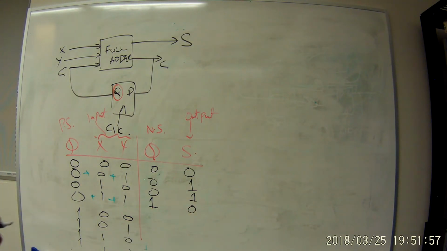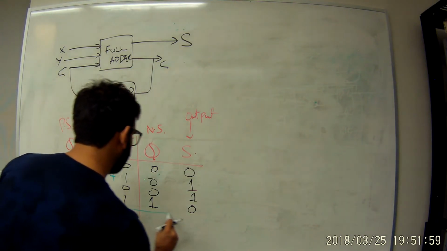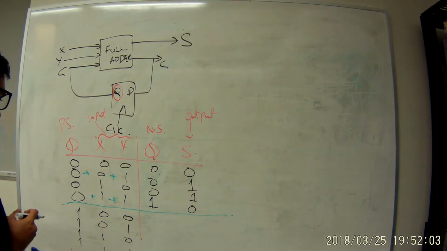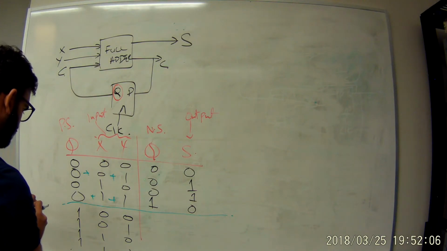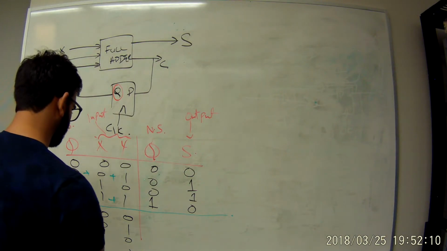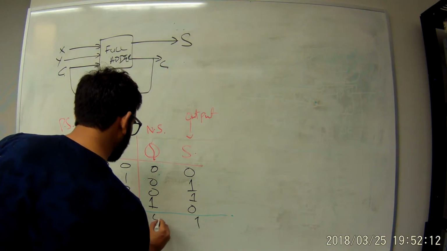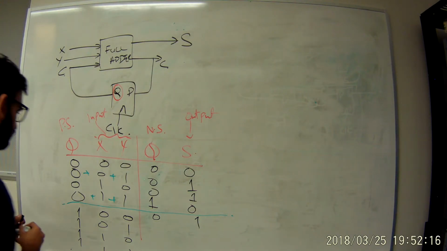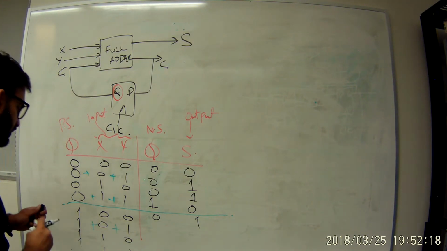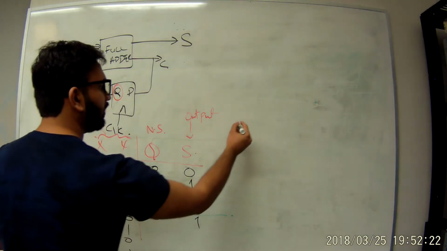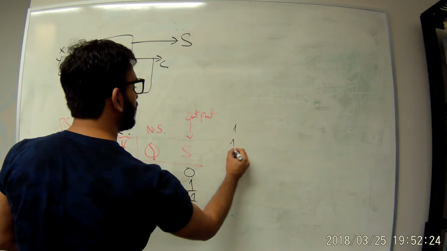Okay? For the second state, I'm just going to put a line down here so you can see it easily. For the second case, it's the opposite. So we have 1 plus 0 plus 0. So what do we get? We get 1 for the sum and 0 for the carry. And then we have 1 plus 0 plus 1. In this case, it's going to be 1, 0, because 1 plus 1 gives us 1, 0.